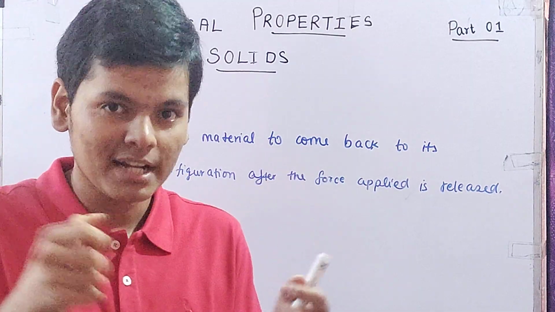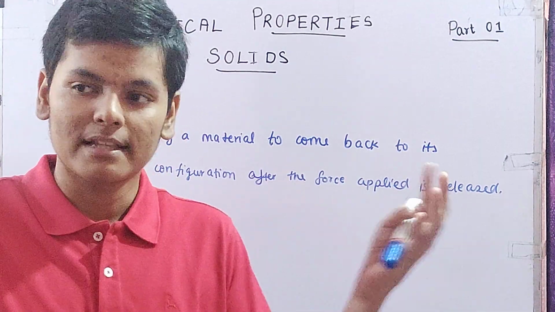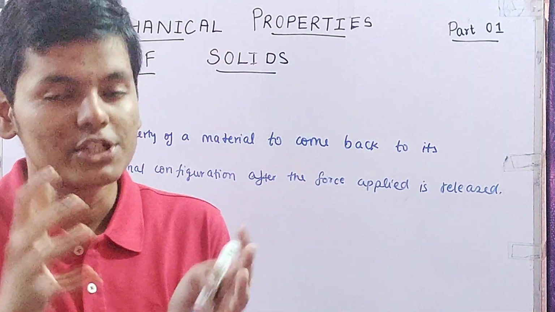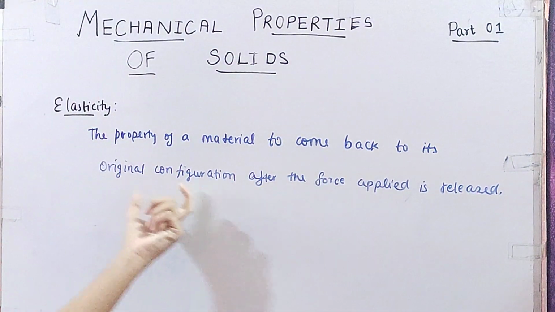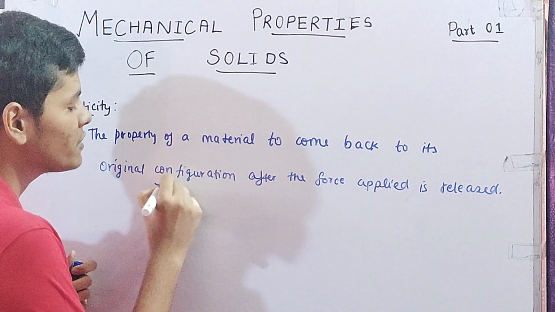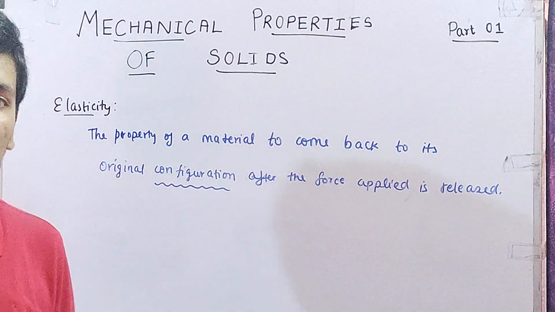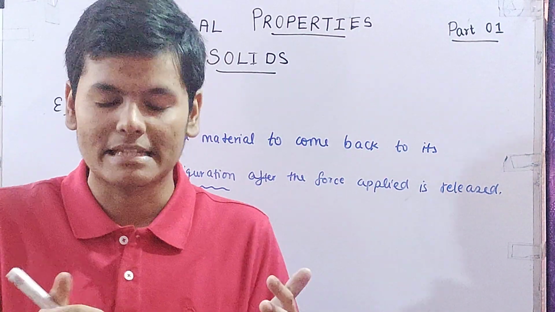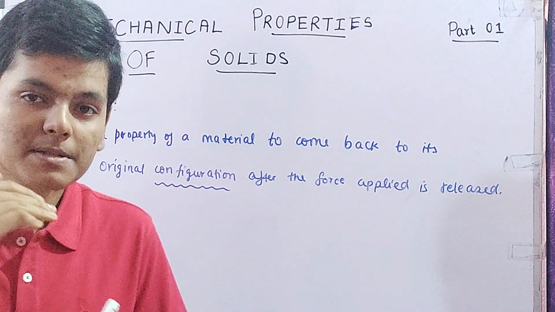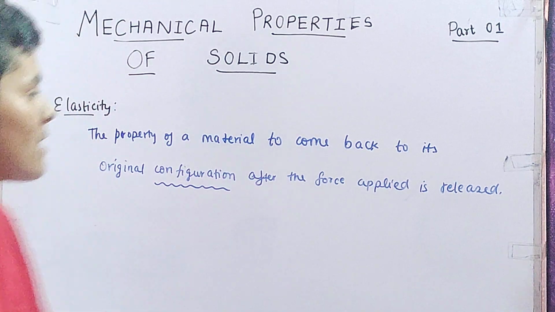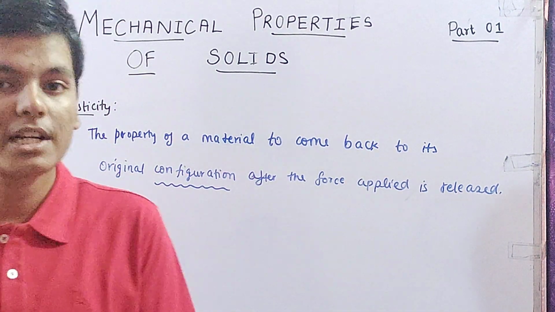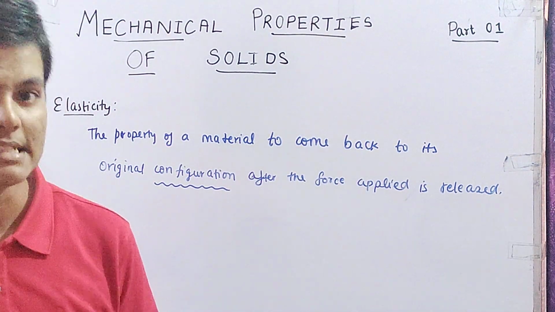When we take a rubber band, stretch it and leave it, it comes back to its original shape, size, configuration. This is very important because we don't only talk about shape and size, we talk about configuration, volume, density, whatever it is. So it comes back to its original configuration. That is known as an elastic object, or this property is known as elasticity.